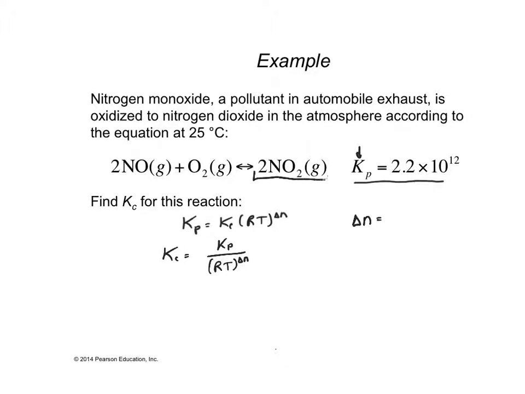If I look over here, I only have 2 moles of gas as a product. So 2 minus the number of moles of gas as reactant. So over here, for my reactants, I have 2 moles of gas plus 1 mole of gas. Okay, so this is 3 overall. So delta N for this reaction is going to be 2 minus 3, gives us a minus 1 value.